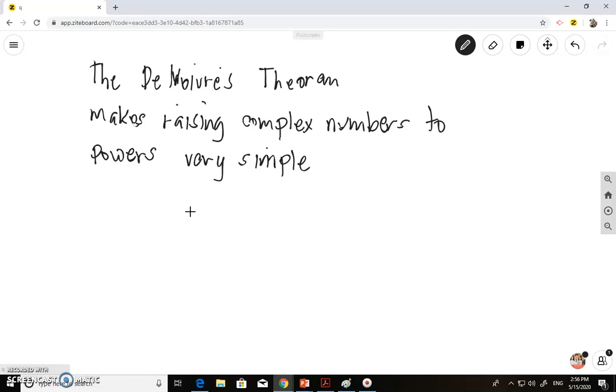DeMoivre's theorem makes raising complex numbers to powers very simple.